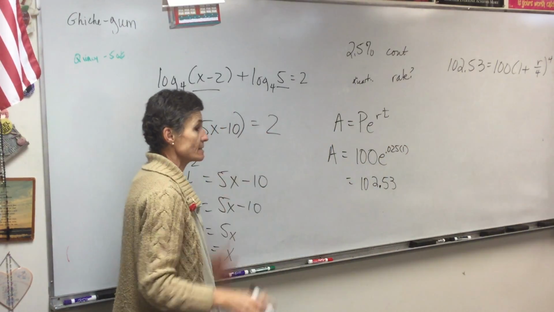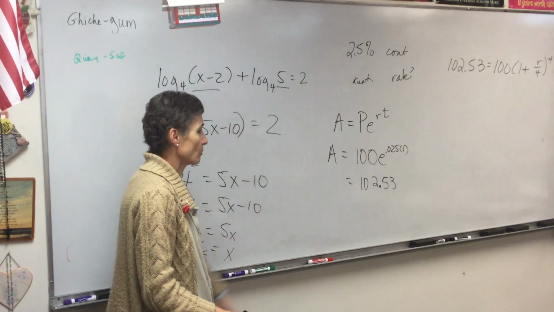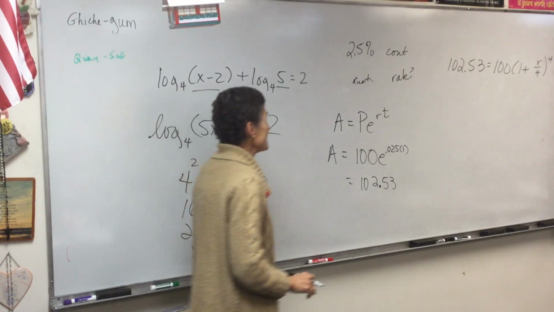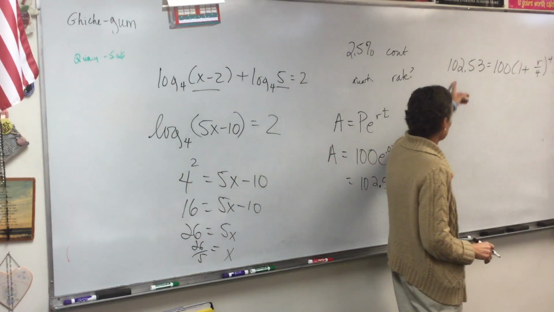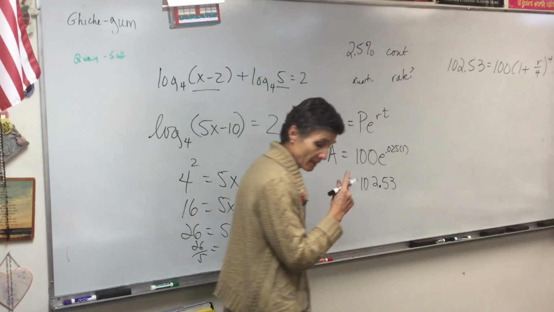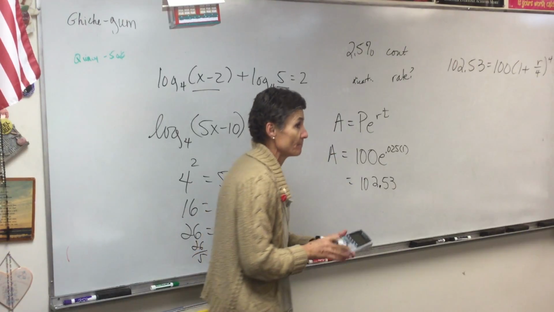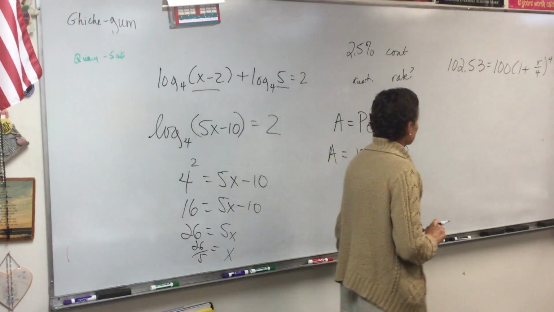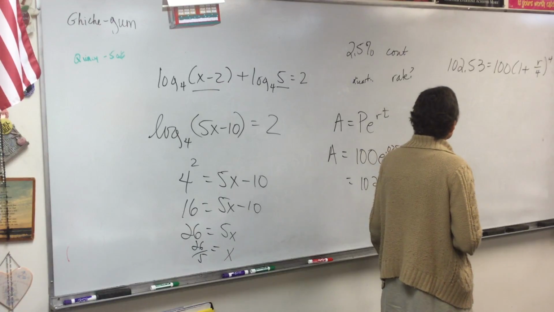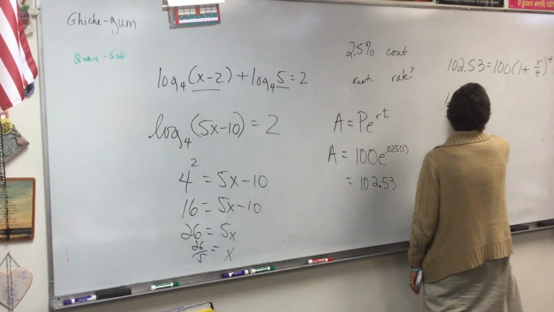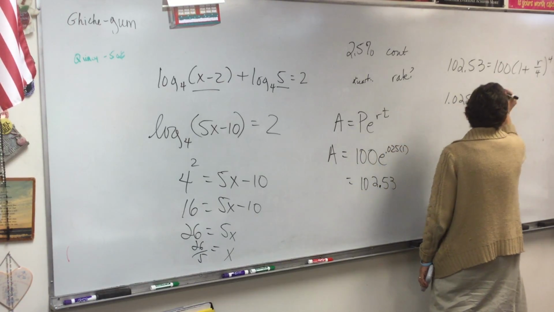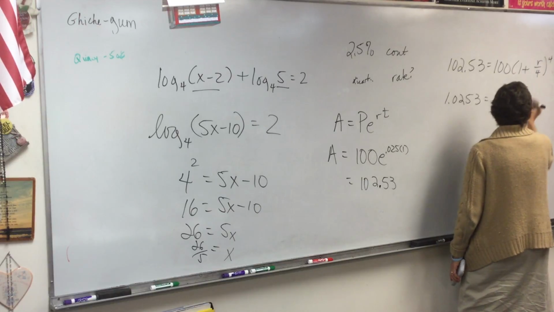So $100 to start with, but I need to match my outcome from before. Am I going to need logarithms to solve that? Nope. What am I going to do first? Divide by 100, so 1.0253 equals (1 plus r over 4) to the 4th.